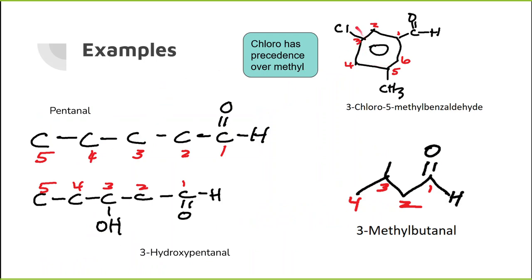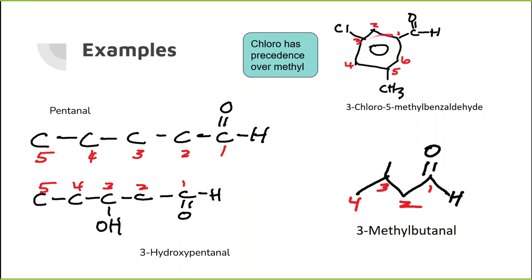In this example, we have a chlorine here and a methyl group here, but they're on opposite sides. So you could really number this either way. This could go 1, 2, 3, 4, 5, or you could go 1, 2, 3, 4, 5. They're both 3 and 5. So in that case, you do go alphabetical, and therefore the chlorine would take precedence, and you would count this way. Does that make sense?